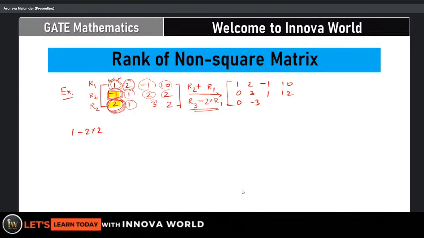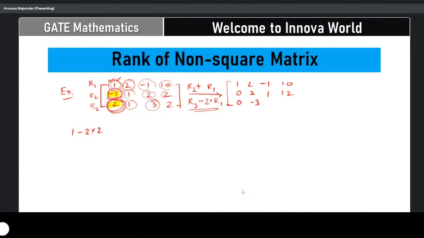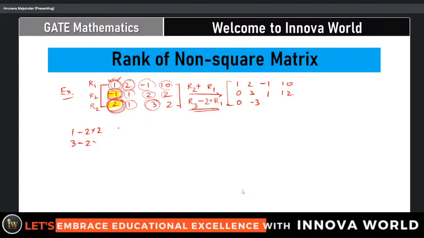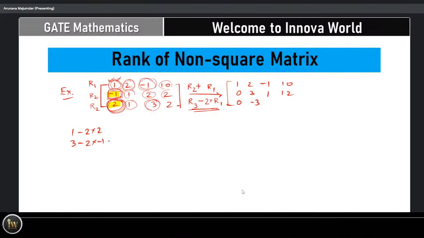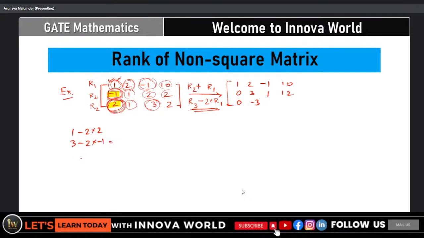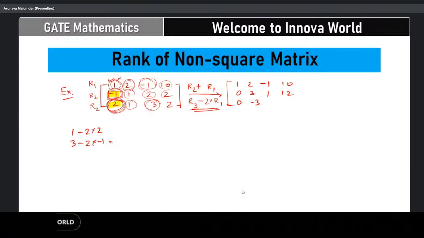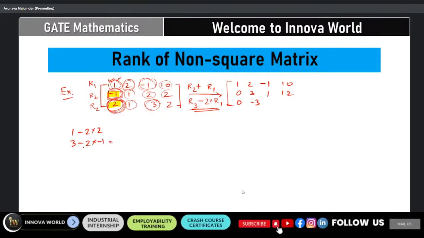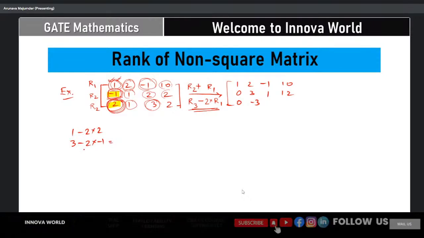Now the third element of row 3: 3 minus, look at this operation, 2 into the third element of row 1, which is minus 1. So 2 into minus 1... it is 3 minus... sorry, 5.